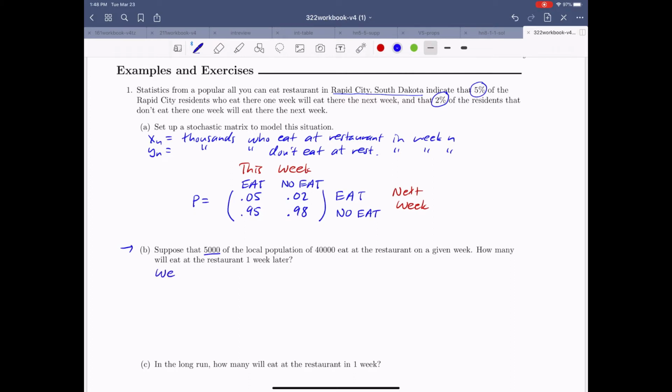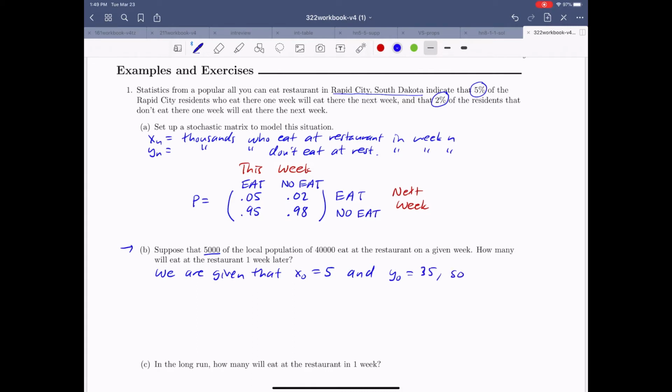So X naught equals 5. Remember, we're working in thousands. And since the total population is 40,000, that must mean that the other 35,000 don't eat at the restaurant initially. So Y naught is going to be 35 then.